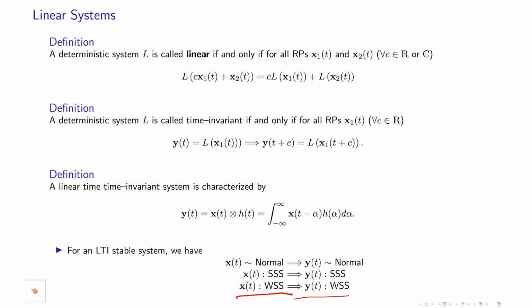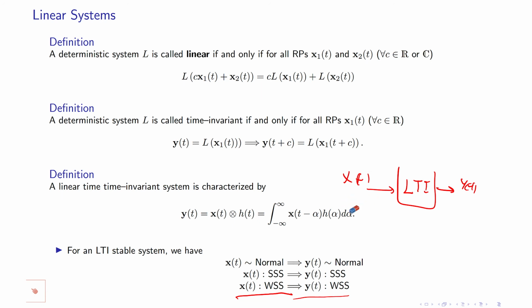Okay, so for any LTI system, if x(t) is WSS, you could immediately say that y(t) should be wide-sense stationary. Not only that, but also the pair of x(t) and y(t) are jointly wide-sense stationary. Or if the input is strictly stationary, the pair of input and output are also jointly strictly stationary.